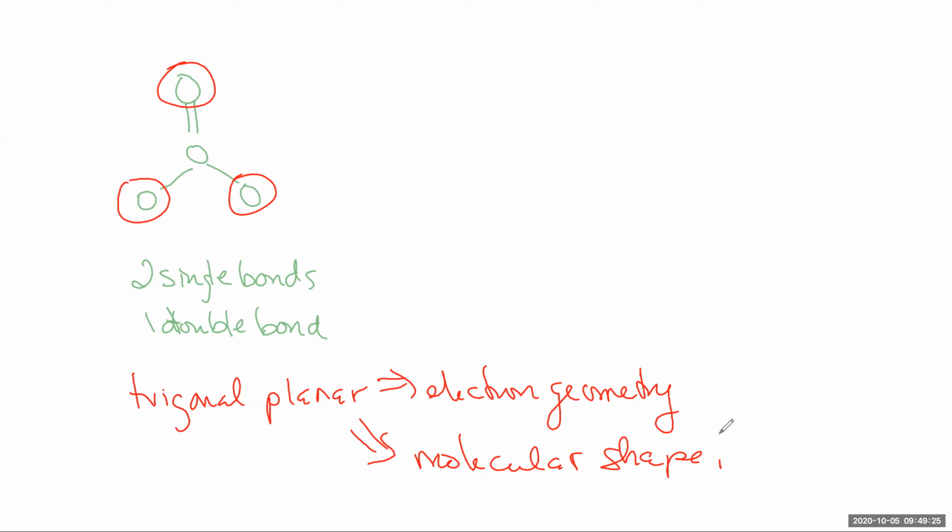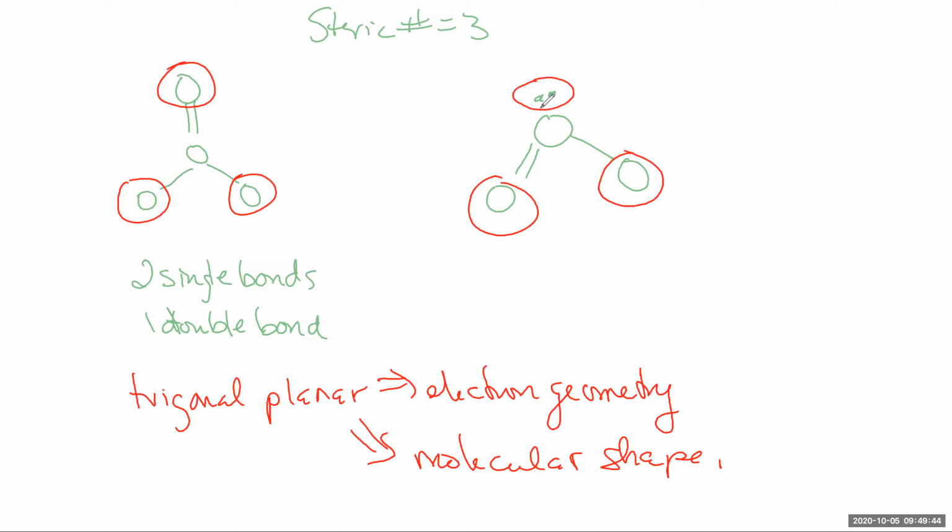But what happens if I have something that looks like this? What happens if I have a steric number of 3? Remember, we're on steric number 3. My 3 things are an atom, and a lone pair. But now what do I have here?